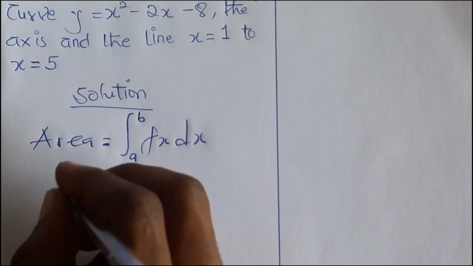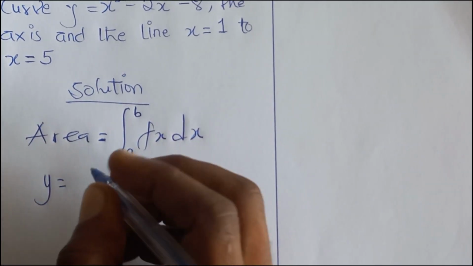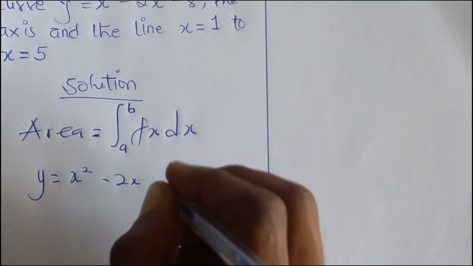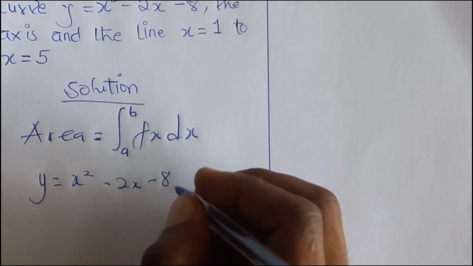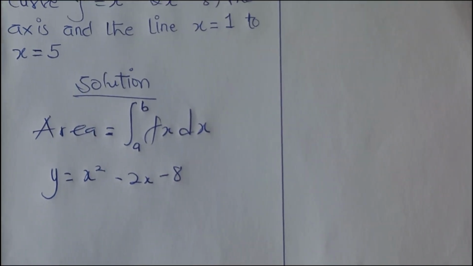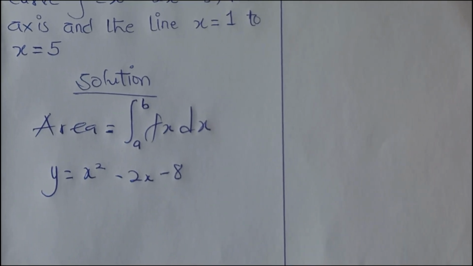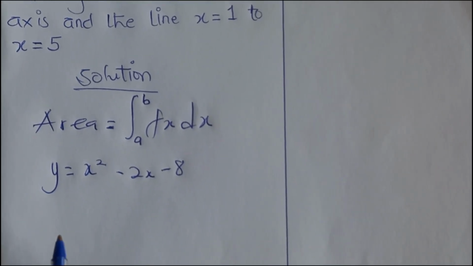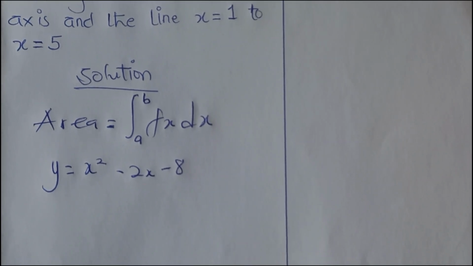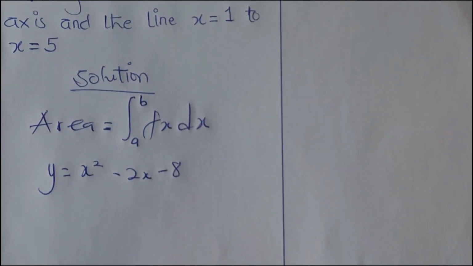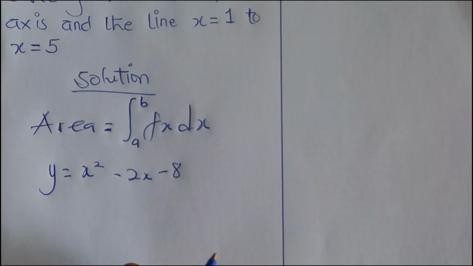Now our curve is y is equal to x squared minus 2x minus 8. So the first thing we need to do is look for where the curve cuts across the x-axis.